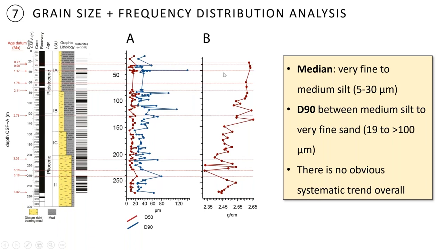So that's another thing to be aware of. And plot B shows the concentration of the high density grains, meaning that they got more terrigenous towards the top than at the bottom.